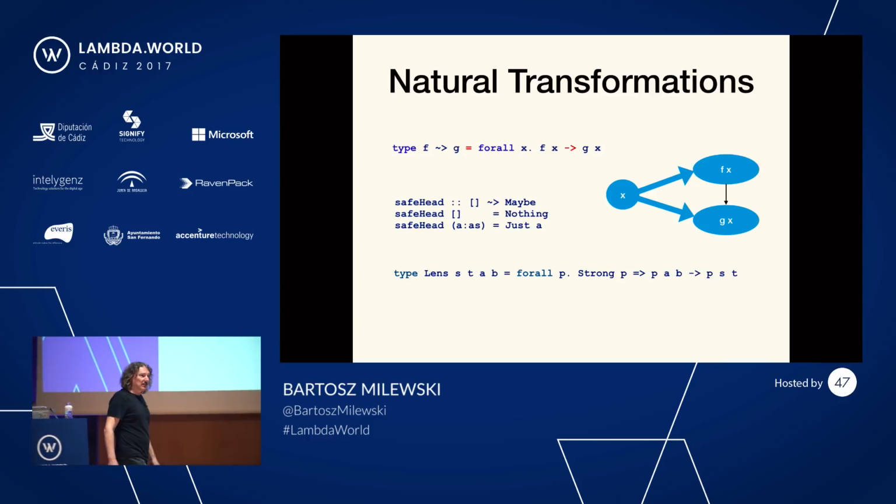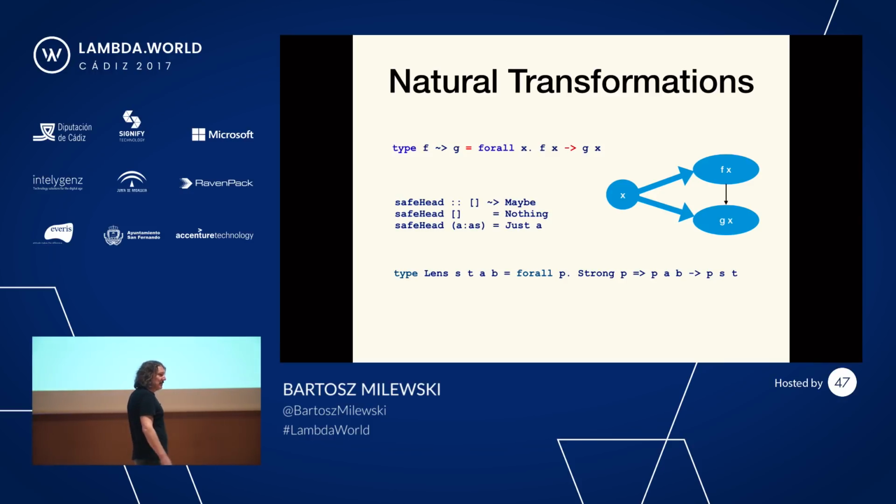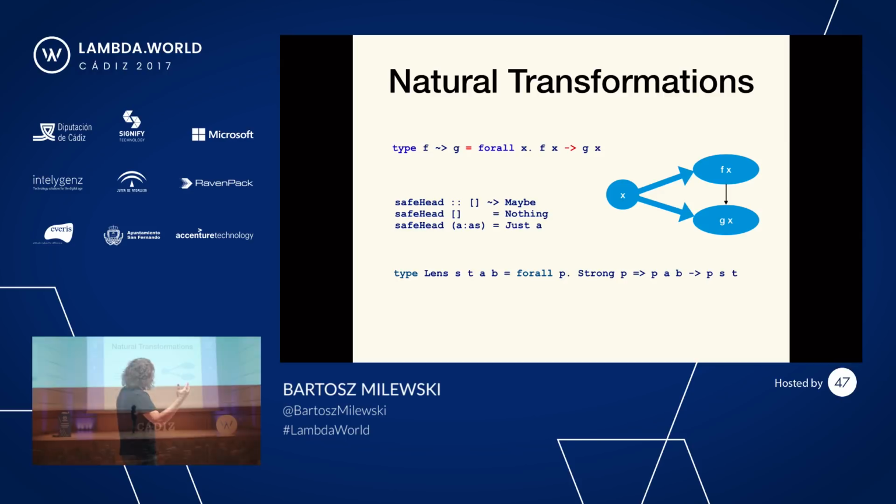Now, when you have two functors, you can think about, can I map one functor to another? And the mapping between functors is called a natural transformation. So X is an object in some category. Fx is the mapping of this object into the category using the functor f.